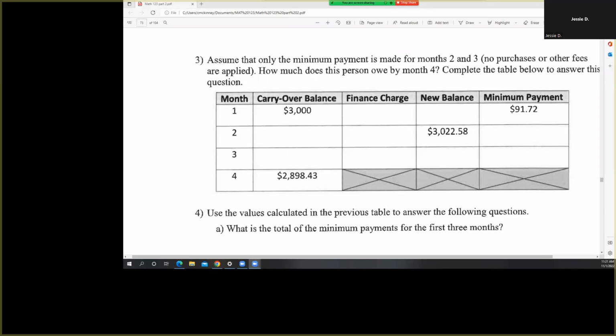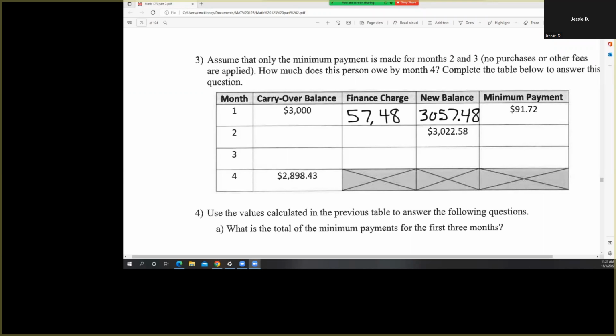All right, so now some of these numbers we can just get from what we just found out, because month one, that was the 5748 that we found. So to get the new balance, we add that to the carryover balance. And then that is what we figure the minimum payment on.